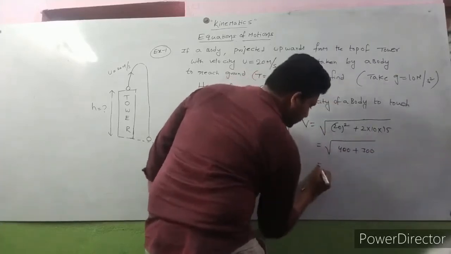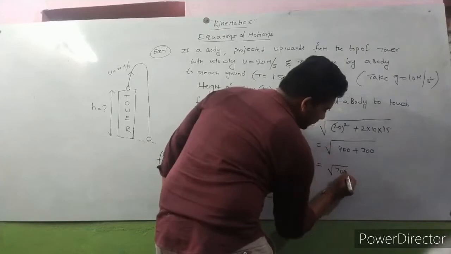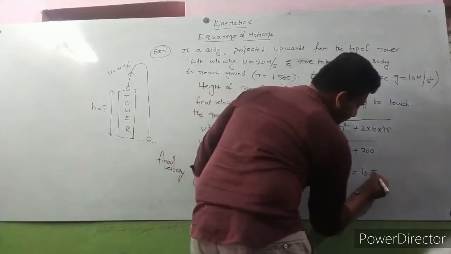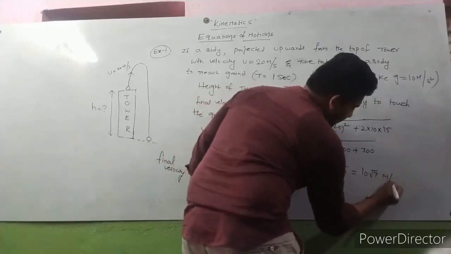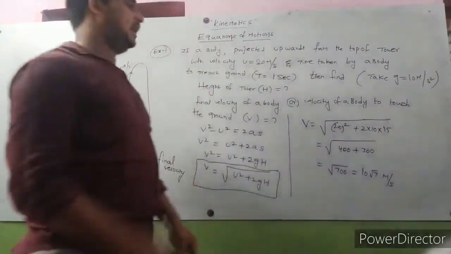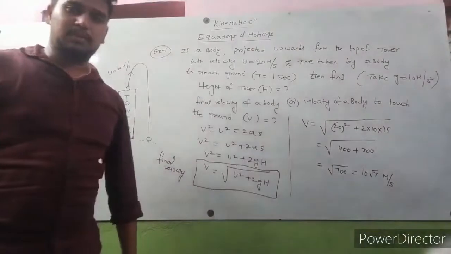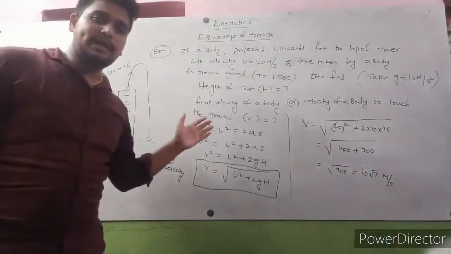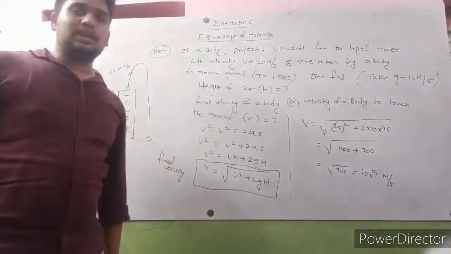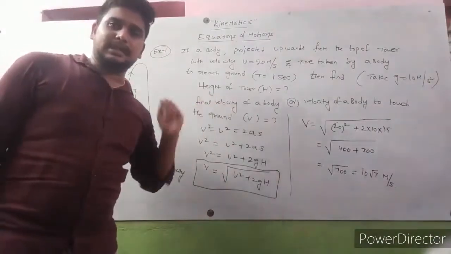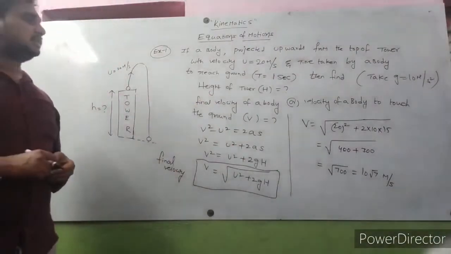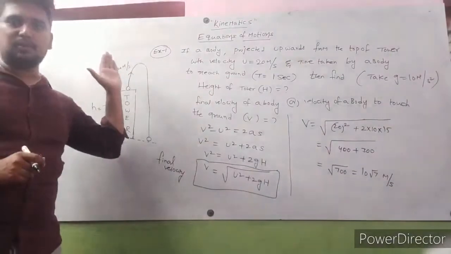So root 700. So from this, 10 root 7 meter per second. So 10 root 7 meter per second we got from this problem. So the final velocity of the body to touch the ground is 10 root 7 meter per second. Okay. So this is application number 1.